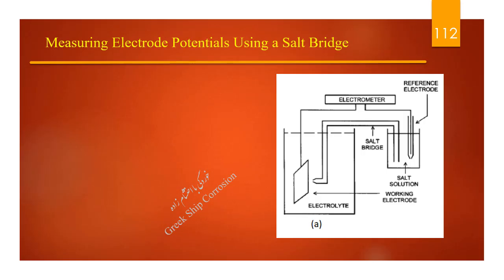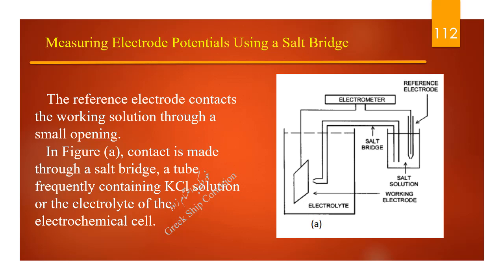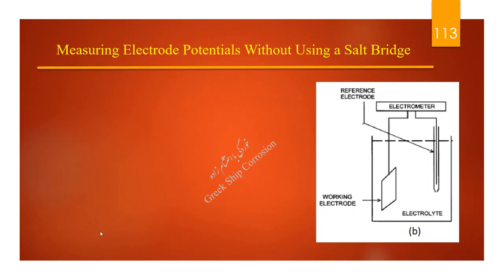Measuring electrode potentials using a salt bridge. The reference electrode contacts the working solution through a small opening. In Figure A, contact is made through a salt bridge, a tube frequently containing potassium chloride solution or the electrolyte of the electrochemical cell. Measuring electrode potential without using a salt bridge.